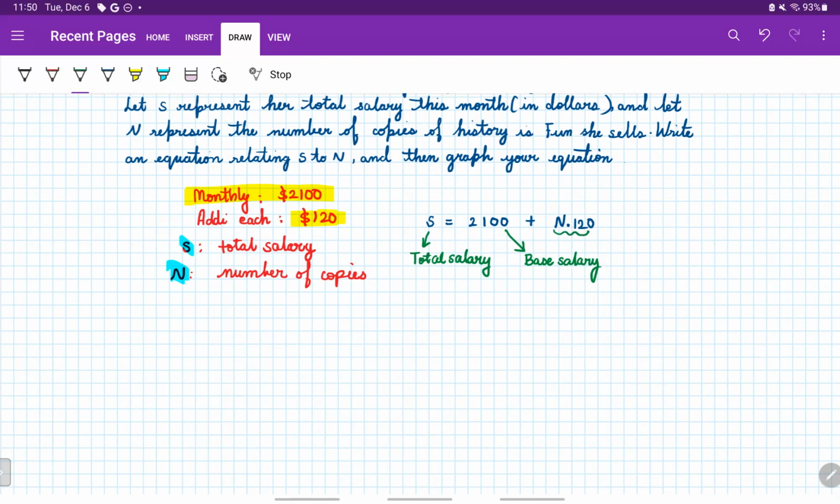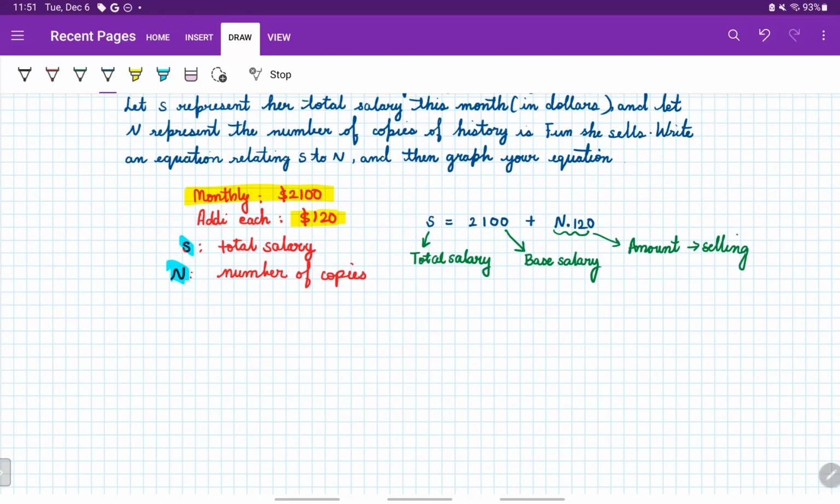So she's selling N copies here, and for each copy that she sells, she gets $120. So this is the amount that she's earning from selling. So you have base salary plus the amount that she's earning from selling History is Fun, and you're adding both of them because we want the total salary that she has at the end of the month.